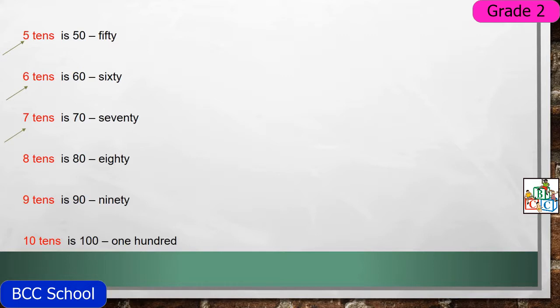On va spell together. S-E-V-E-N-T-Y, 70. Look well. Then 8/10 is 80. Let's spell 80. E-I-G-H-T-Y, 80. One more time. E-I-G-H-T-Y, 80. Then 9/10 is 90.